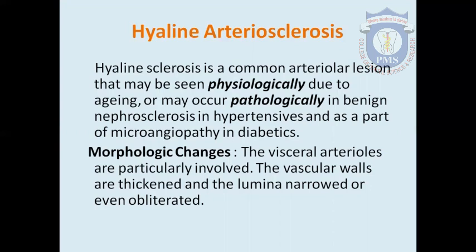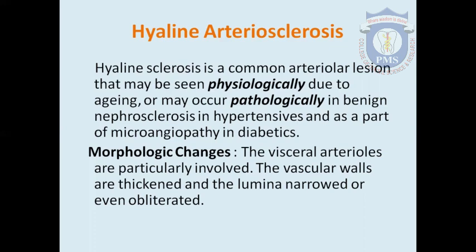It is a common arteriolar lesion that may be seen physiologically due to aging or may occur pathologically in benign nephrosclerosis in hypertensives and as a part of microangiopathy in diabetics.